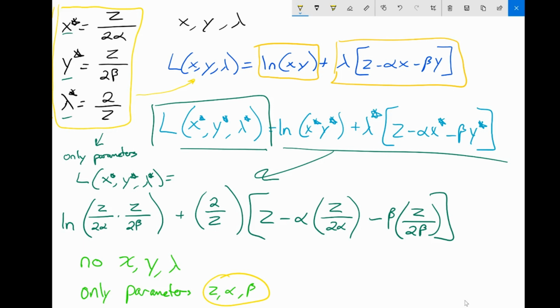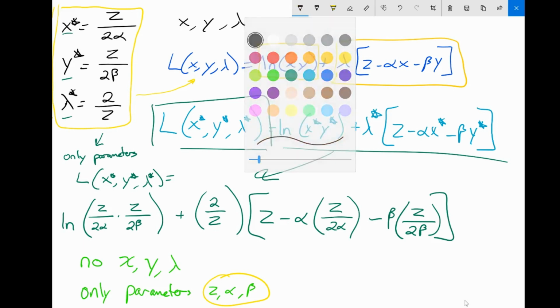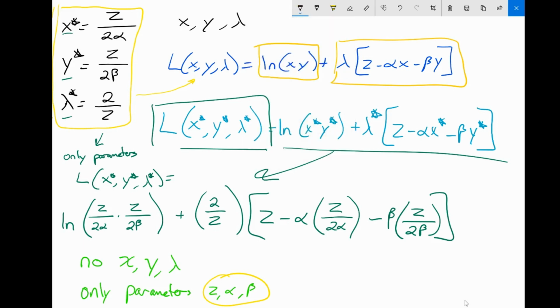Okay, now with that said, just like before, remember just a moment ago I showed that we might be interested in knowing the derivative of x with respect to a parameter like z. How does an increase in the parameter z affect x star? Remember, we said that derivative is 1 over 2 alpha. It's positive. Great.